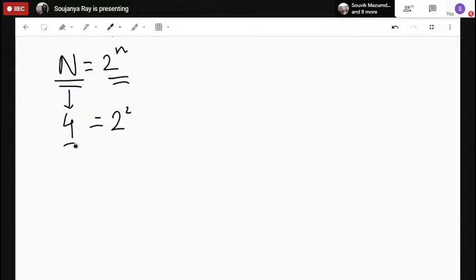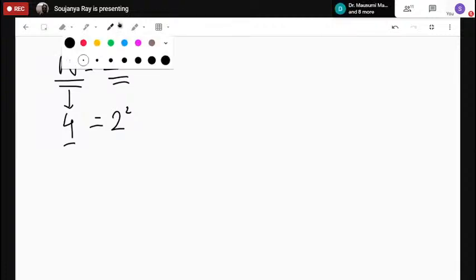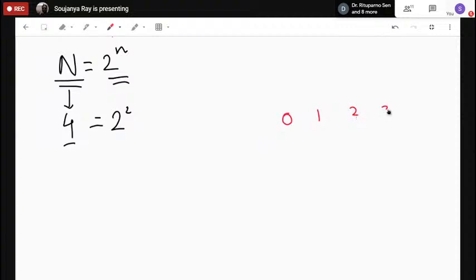Now, if you have 4 numbers, then we need to binary encode these 4 numbers. Suppose we want these 4 numbers to be, let's create the list, 0, 1, 2, and 3. Now we need to binary encode all these numbers.